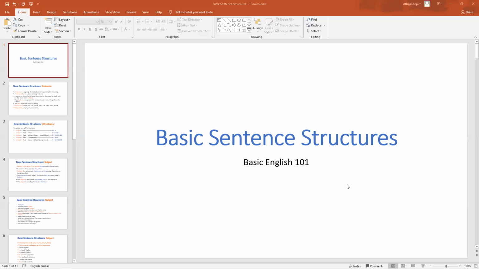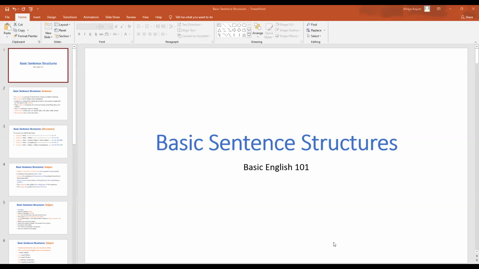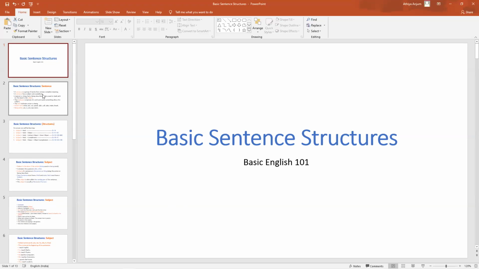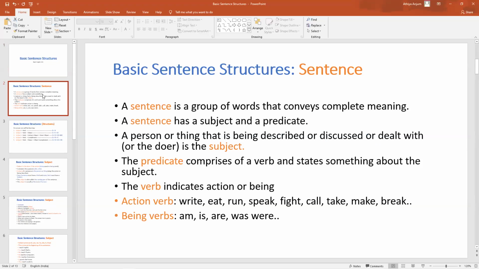Usually the doer will be at the beginning of the sentence. So basically your sentence can be divided into the subject and the predicate.